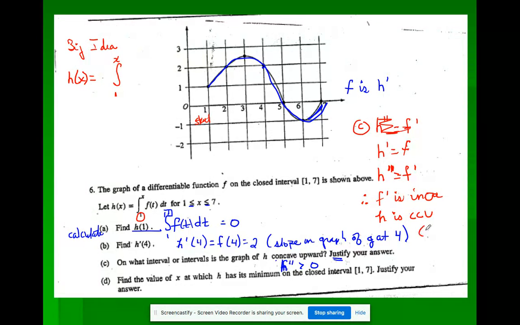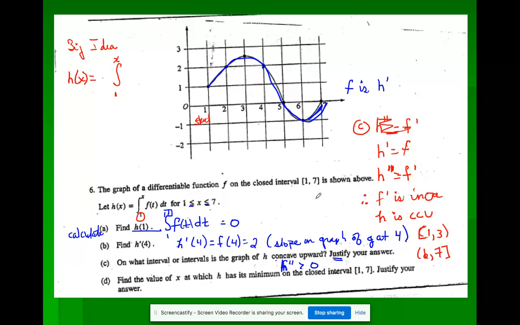From 1 to 3 and from 6 to 7. And remember, AP doesn't care if you put closed brackets or soft brackets on interior points. Close off your endpoints, and of course, never put a closed bracket or an equal sign on infinity.